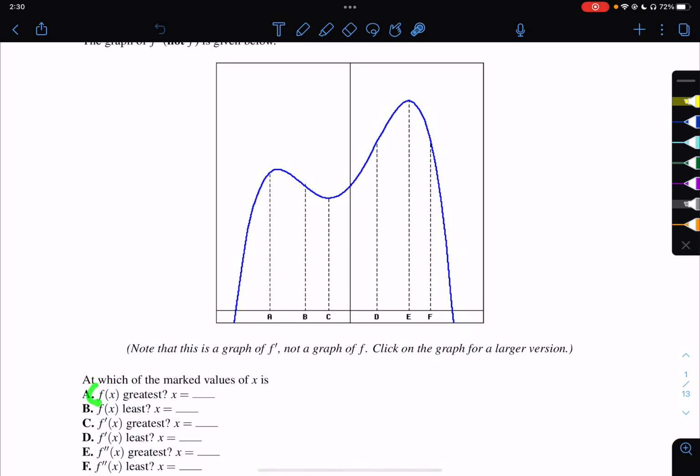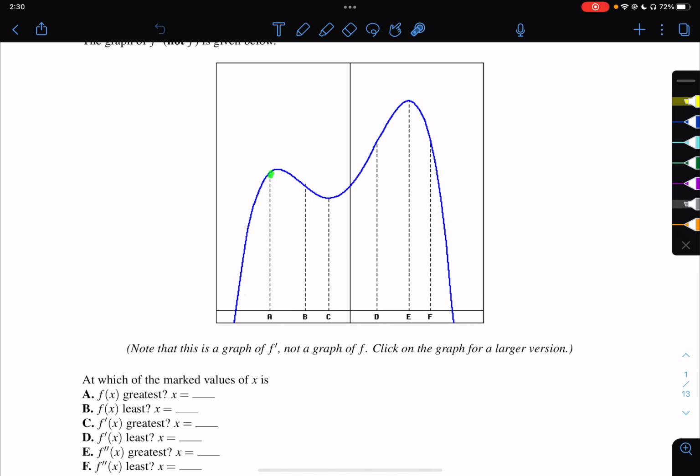So I'm looking for where the function has the largest value. First of all, those are all where the derivative is above the x-axis, therefore they are all positive derivative. So my function would keep increasing all the way through until I reach this particular point, after which the derivative is negative, so the function begins to decrease.